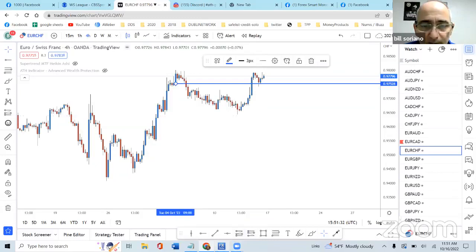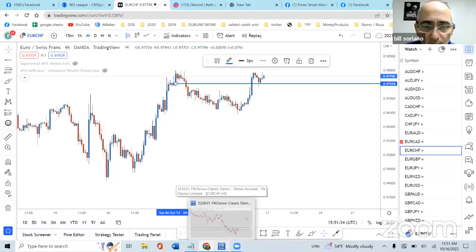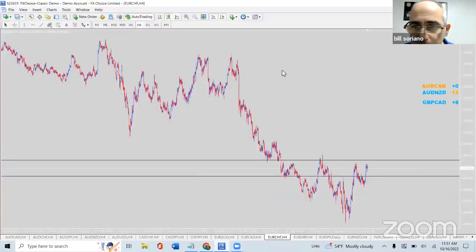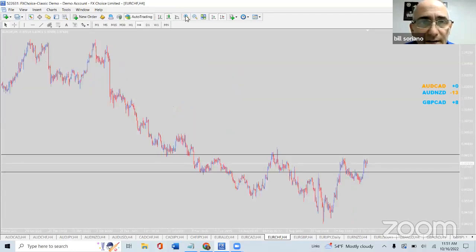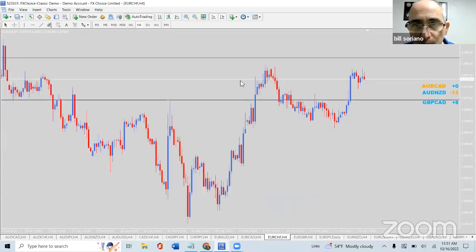So let's just drop down to MT4 real fast. Here's what we're looking at. We're looking at this banker candle right here. This is the last up candle before the bigger down move.